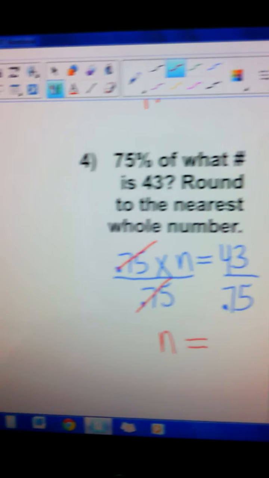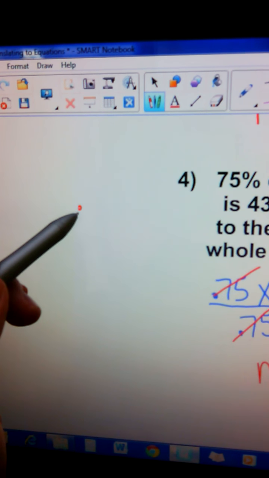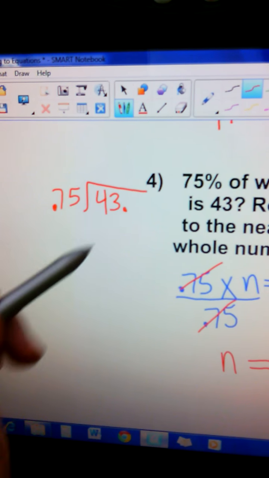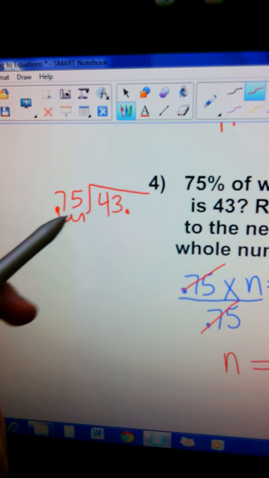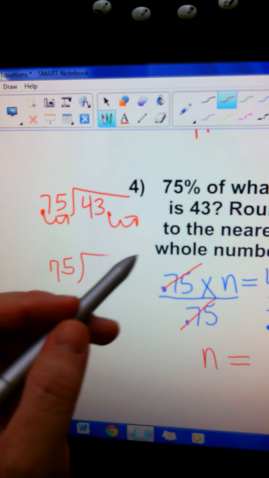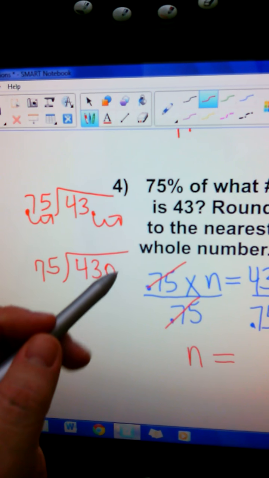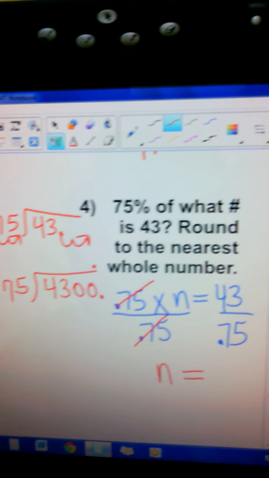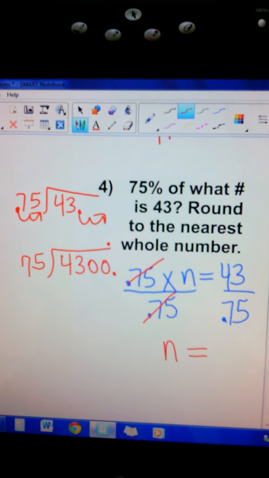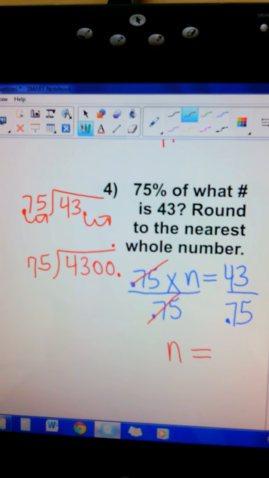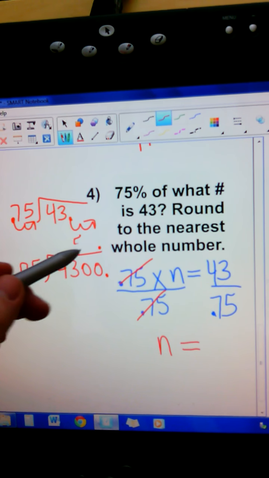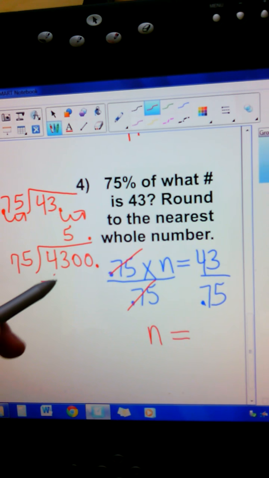So let's move over here. And I will go ahead and move the decimal points. Okay, we need to figure out how much 75 can go into 430. So that will go 5 times, which will give us 375.